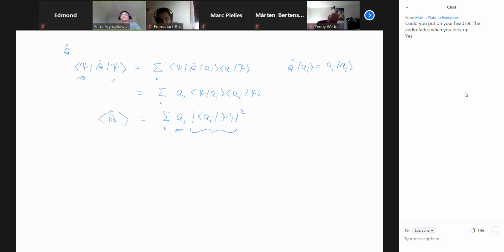So the question is, if we want to make a measurement on this system, what kind of results do we get? We have this operator A, let's say, representing some observable, and we have this ensemble. What would be the expectation value that we get from this ensemble?